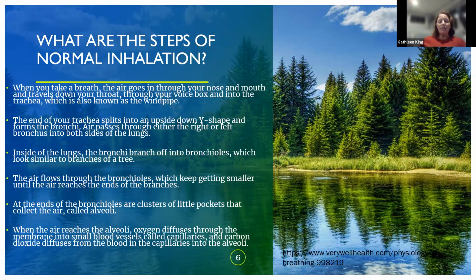When the air reaches the alveoli, oxygen goes through the membrane into small blood vessels called capillaries, and carbon dioxide comes into the small capillaries in the alveoli and actually gets expelled through your lungs, right? So we're going to take in oxygen and we're breathing out CO2.